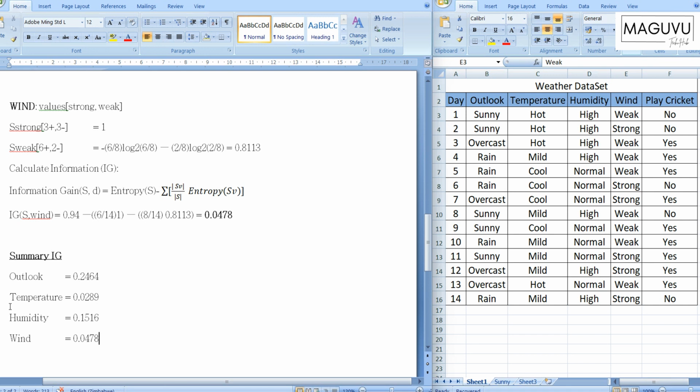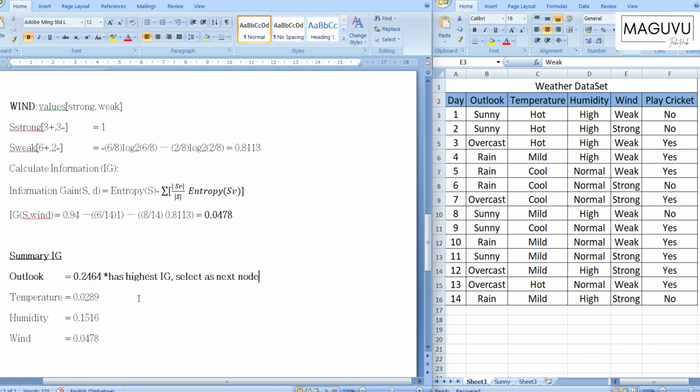So if we're going to consider those 4, we see that outlook there has got the highest information gain. So we select that as the next node, right?